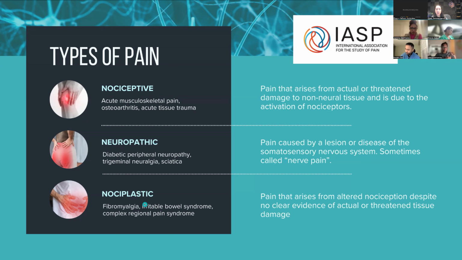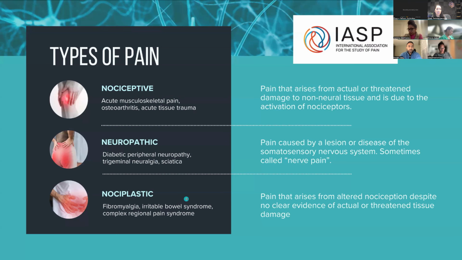Nociplastic pain is a new pain category, and we've put a lot of other diseases in this category that don't fit into these other two categories. So if it's not nociceptive and it's not neuropathic, we call it nociplastic. And usually there really isn't any clear evidence that there's any kind of tissue damage, but people are experiencing these symptoms. So, for example, fibromyalgia, right?